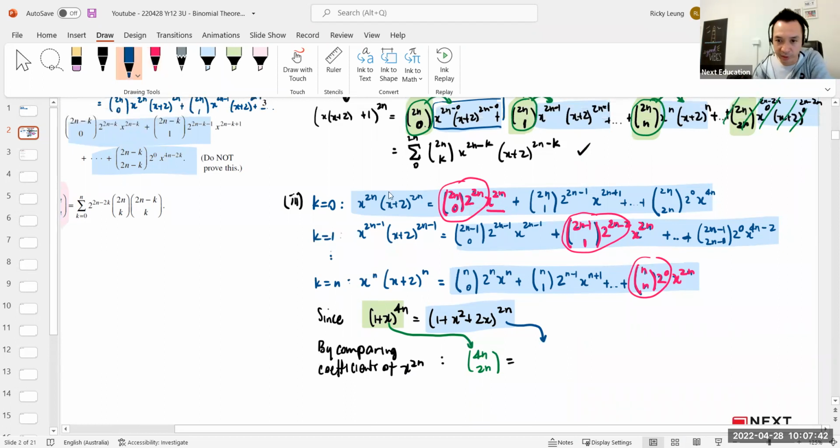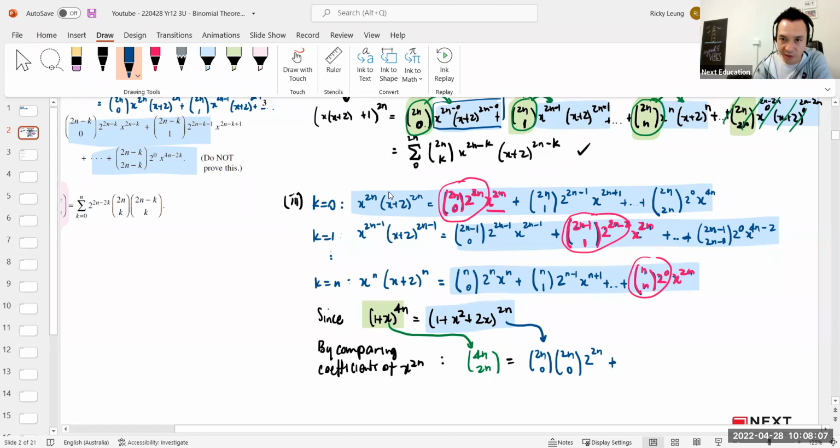So the green first term there is 2n choose 0 times 2n choose 0. Oh, is that what I want? Let's have a look. When k is 0, 0. Yes, perfect. And then there's a 2 to the power of 2n there as well. Good. Look at that, right? When k is 0, 2n choose 0, 0 is perfect.